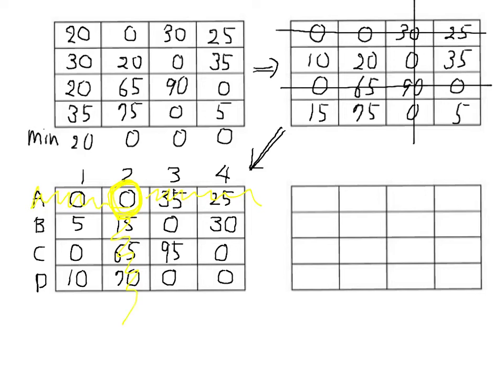So A is matched to 2. Next one, let's look down the column here. 4 can be visited by C or D, and 3 can be visited by B or D. However, here, number 1 can only be visited by C, so that's what I'll match. So C to 1.